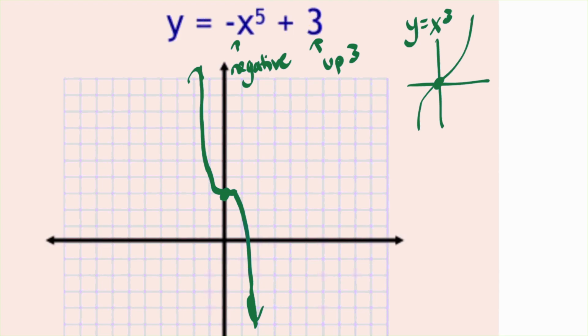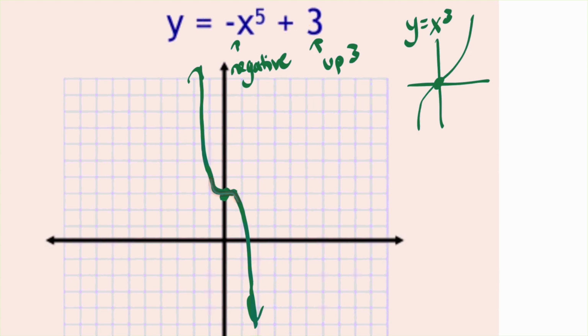So the difference between this and the transformed cubic graph, number 1, is it should be steeper on the sides, steeper for the end behavior. Secondly, it should be flatter where you have your key point. Okay, so this part right here almost looks horizontal.